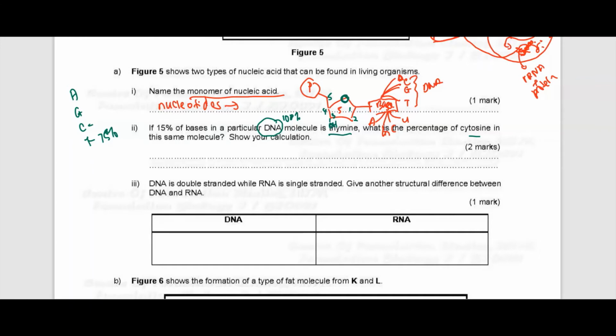So it asks you what is the percentage of cytosine. All right, so you have to know the complementary base pairing, where in the double-stranded DNA molecule, suppose this is a double-stranded DNA molecule, and then one end we label it as 5 prime, and the other end, the complementary strand, it has to be labeled as 3 prime.